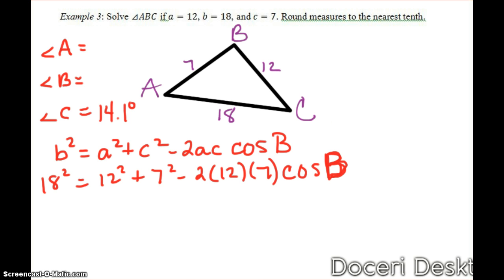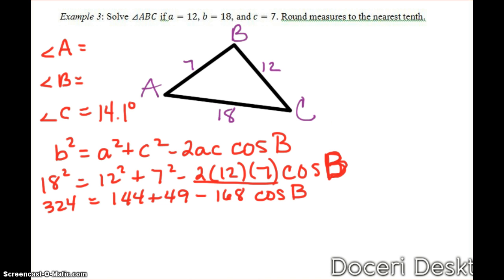Going to do some simplifying. So that's 324 equals 144 plus 49 minus 168 cosine B. That's the product here, 168 cosine of angle B. 144 plus 49 is 193.